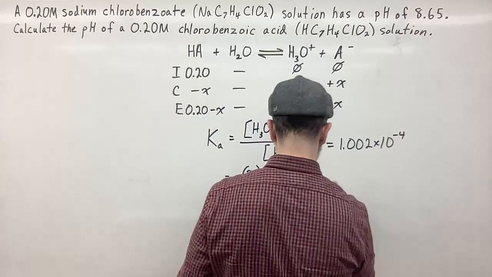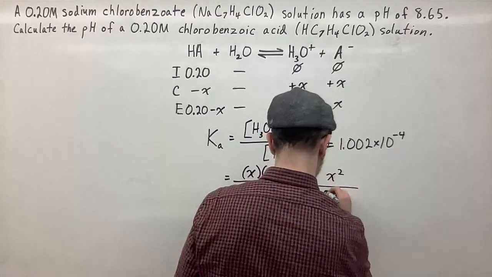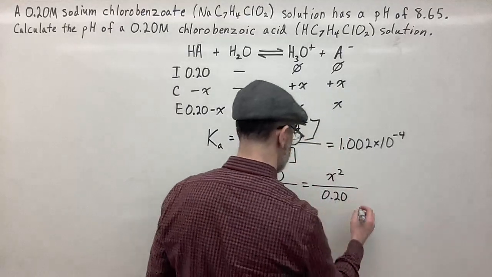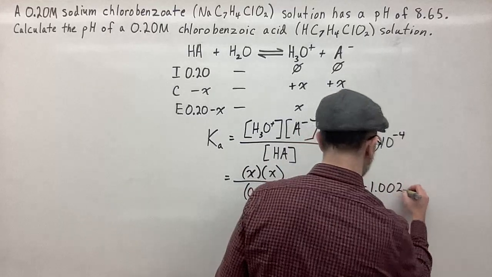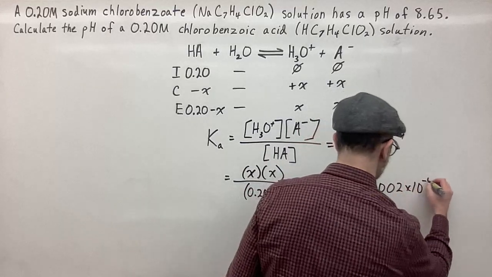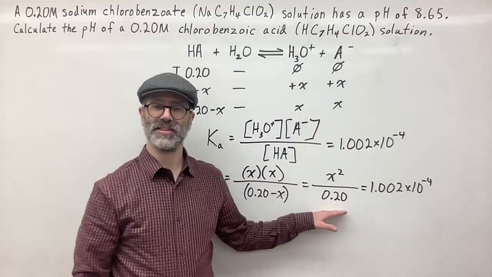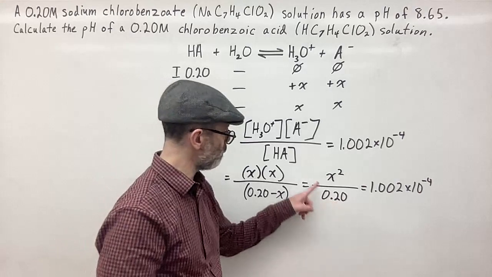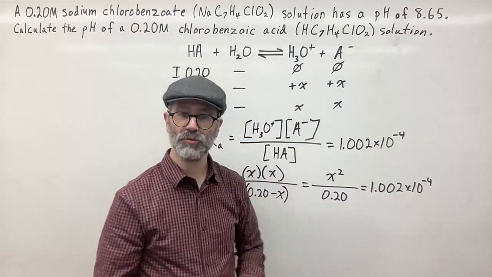So we get X squared over 0.20, and that's going to be equal to 1.002 times 10 to the negative 4. Then you solve for X by multiplying both sides by 0.2, and then take the square root.